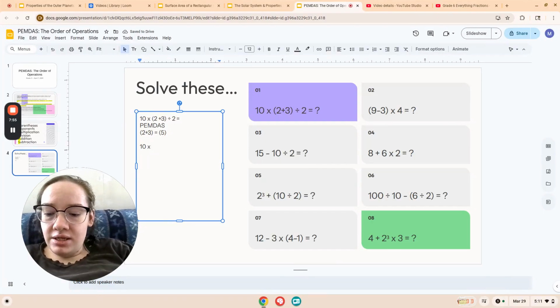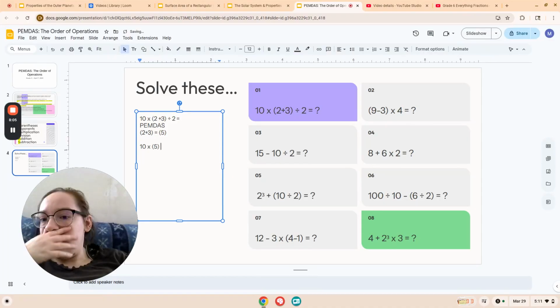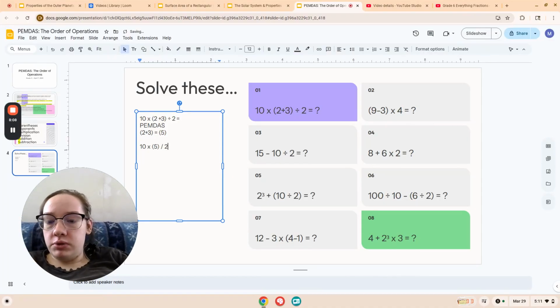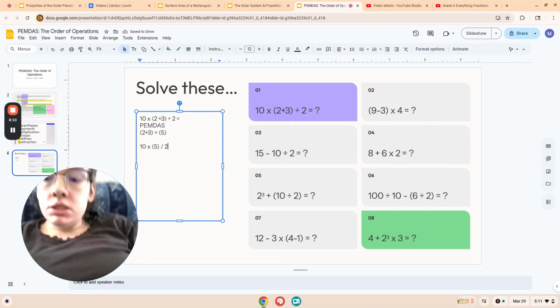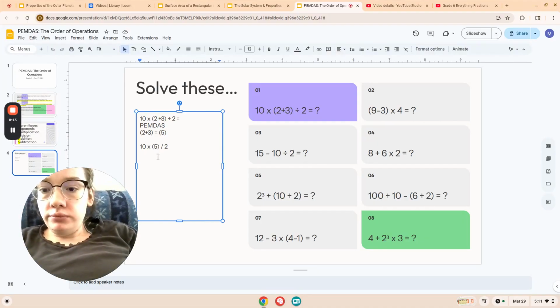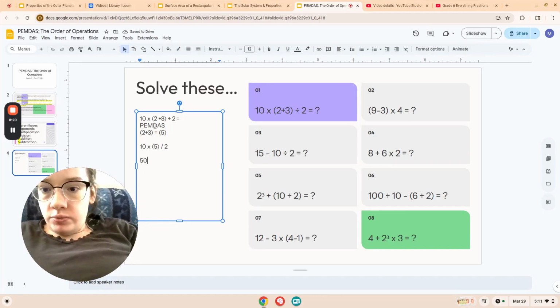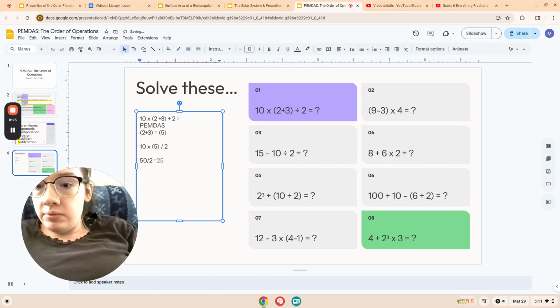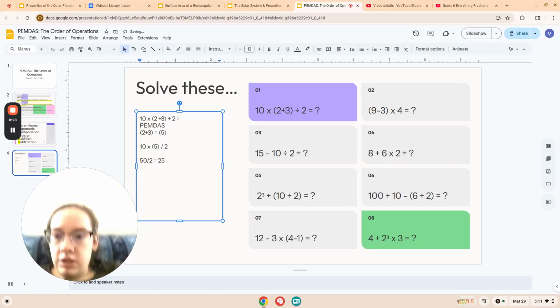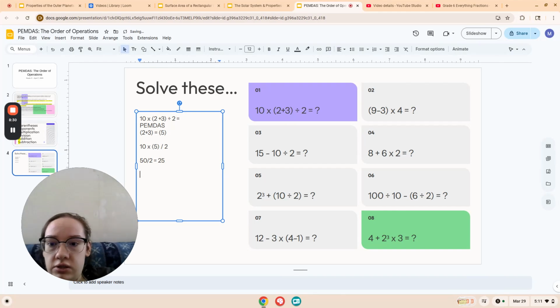Let's look at 10 times 5. Okay, and let's keep it in parentheses out of respect to what we just figured out. 10 times 5, and then you had the divided by 2, but I don't want to get the symbol, so I'll just put divided by 2. You get what I'm saying here. 10 times 5 would be 50. And then lastly, you have division after multiplication. So it would be 50 divided by 2 equals, what's 50 divided by 2? It's 25. So 25 is the answer.